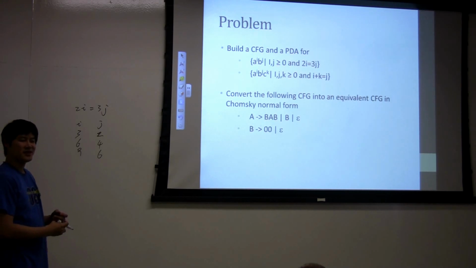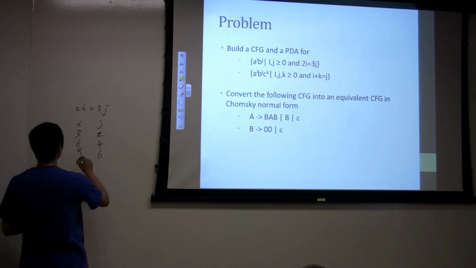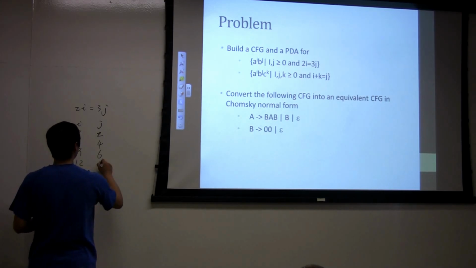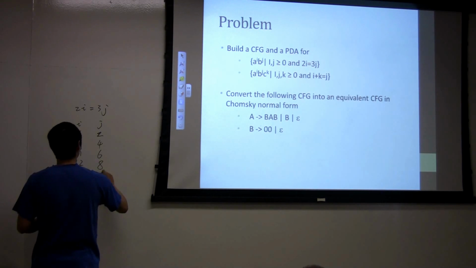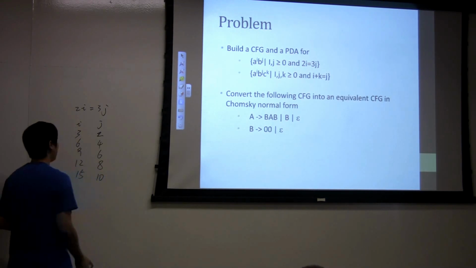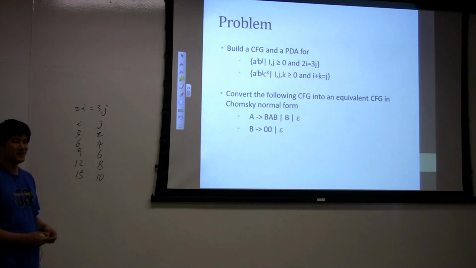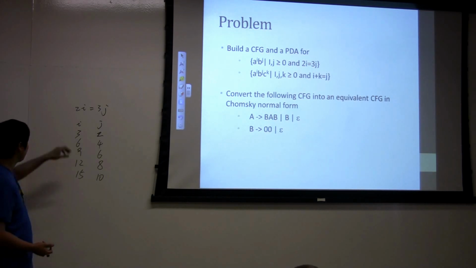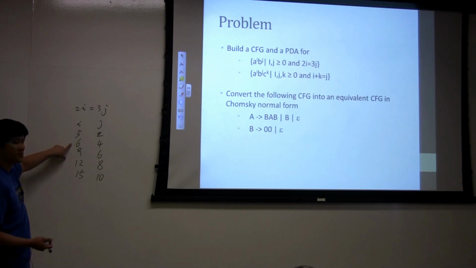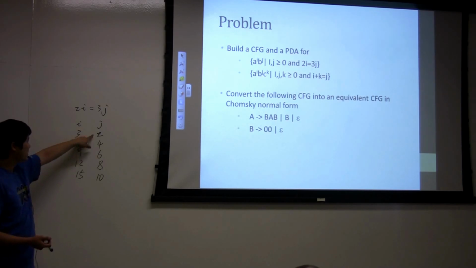Do you see the patterns by now? If you don't see, we can continue. 12, 8, 10, 15. Why do I calculate so fast? Because every time i increases by 3 and j increases by 2.